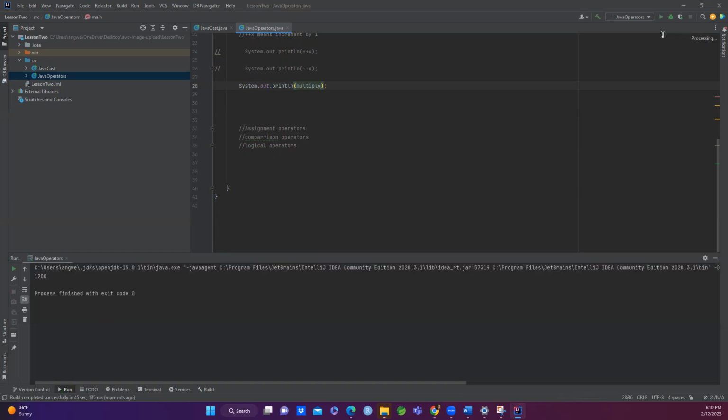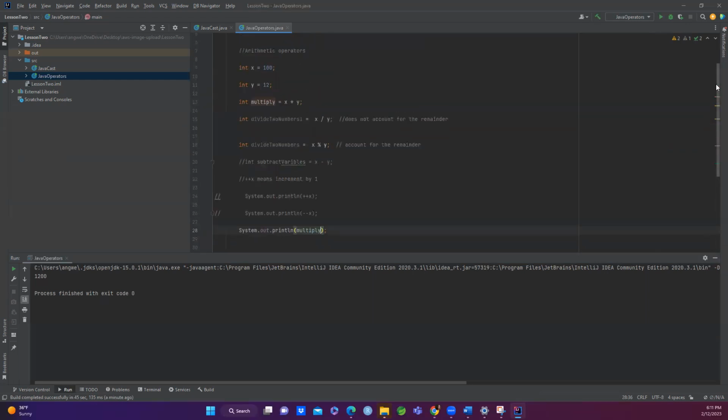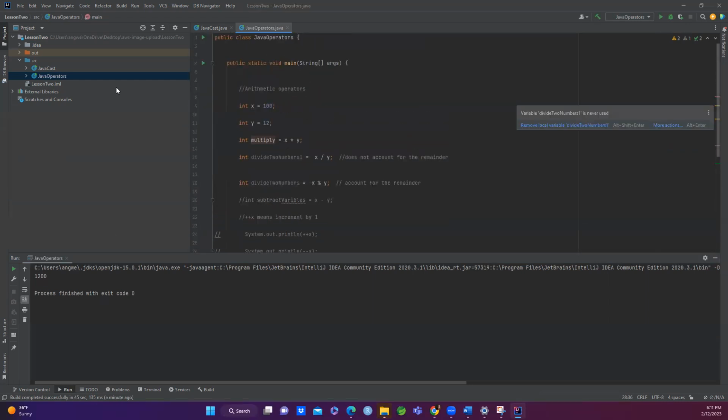Or if you want to create an application that calculates your taxes, it has to multiply the state tax, the commission tax, plus the money you earn, etc. It will have to do all those operations. So all of the things that I showed you today, addition, subtraction, multiplication, division, modulus, increment, and decrement are called arithmetic operators because these are the same things that you use when you are doing additions and subtractions.